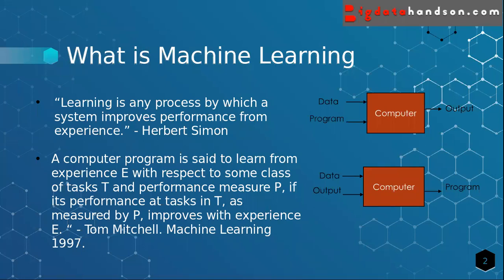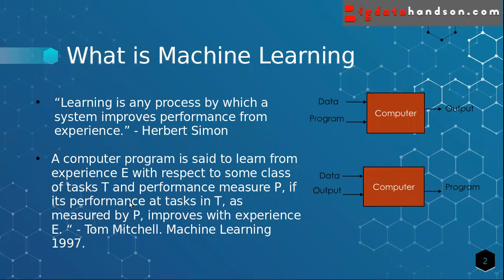That's the concept of machine learning. The definition: learning is any process by which a system improves performance from experience. A computer program is said to learn from experience E with respect to some class of tasks T and performance measure P, if its performance at task T, as measured by P, improves with experience E.